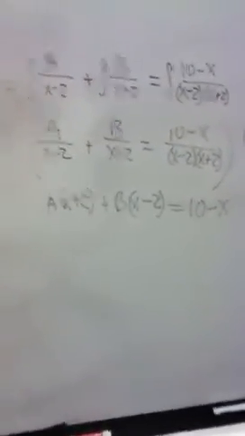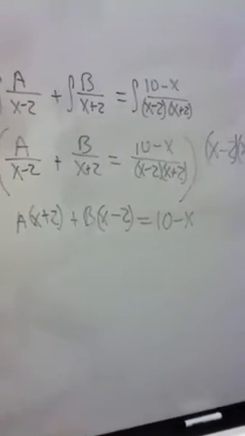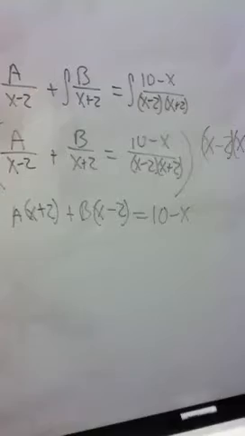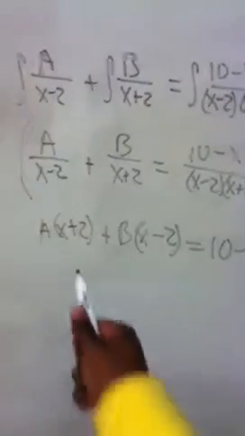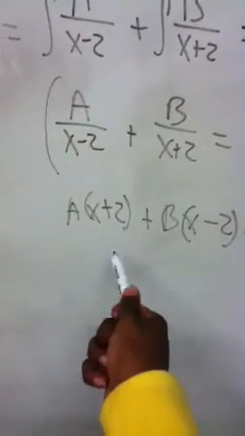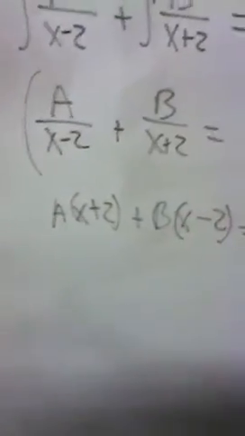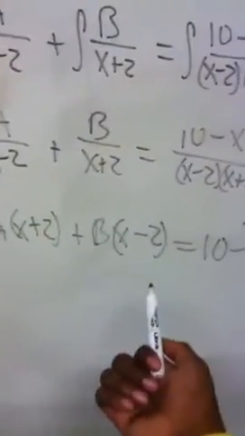To solve for A and B now, we have to plug in x values to separate and get A or B alone and solve for it. You have x minus 2 and x plus 2. If you want to solve for A first, you set your x equal to 2.